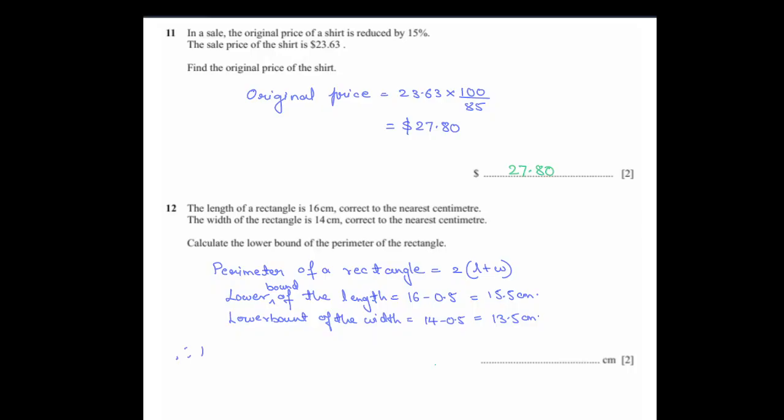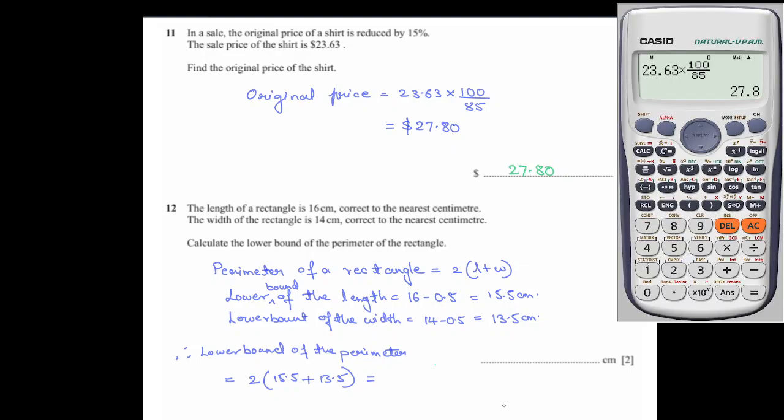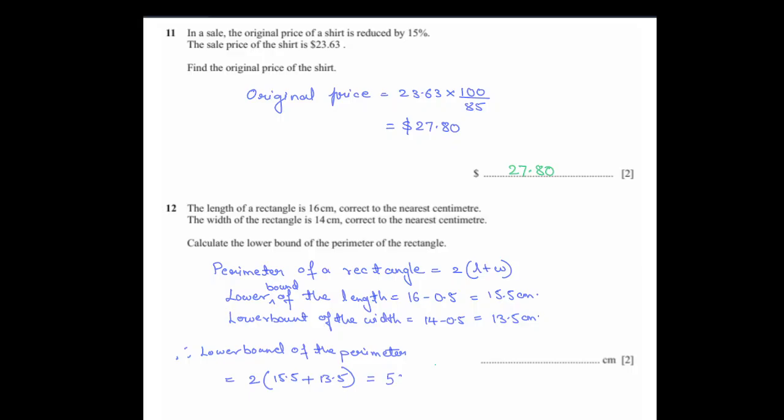Therefore the lower bound of the perimeter is equal to 2 into (15.5 plus 13.5), which is 58 centimeters, the lower bound of the perimeter.